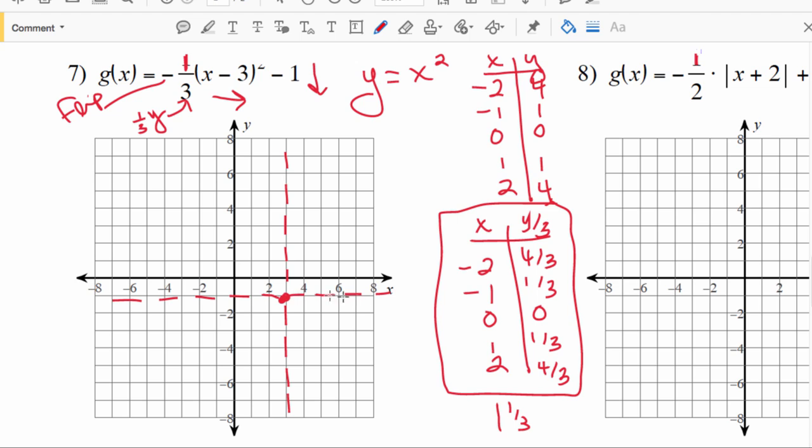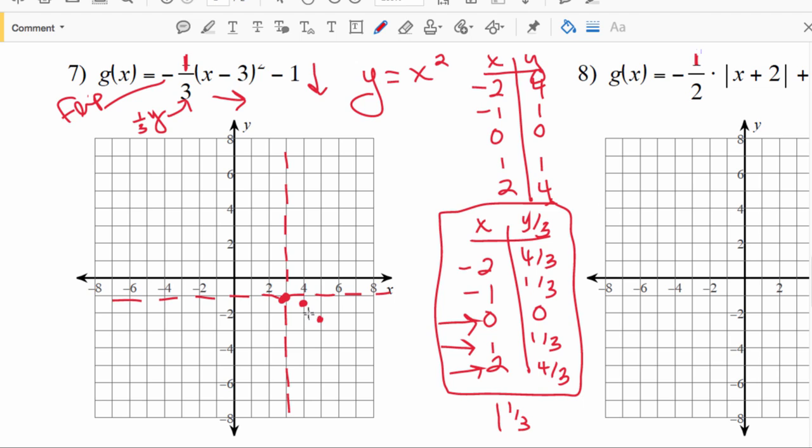All right, so let's start with 0, 0. And that's already graphed. And then our next ordered pair is going to be over 1, and then instead of up 1, we're going to go up a third. But instead of up a third, we're going to go down because our graph's upside down. So over 1, down a third. And then over 2, and then instead of down 4, we're going to go down 4/3, which is 1 1/3.